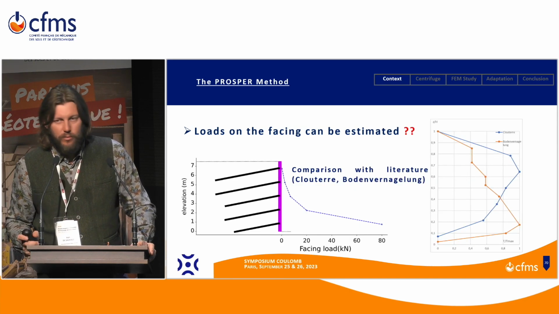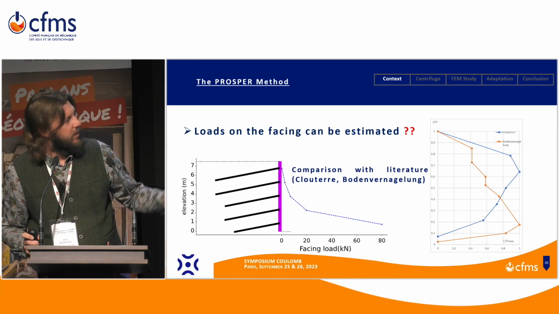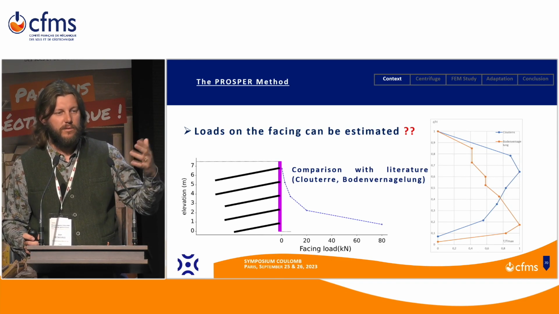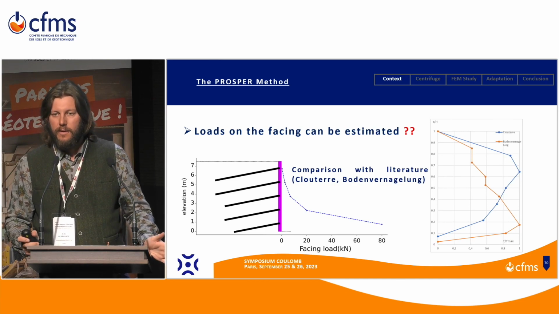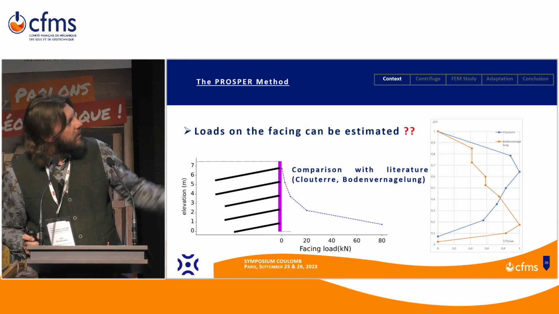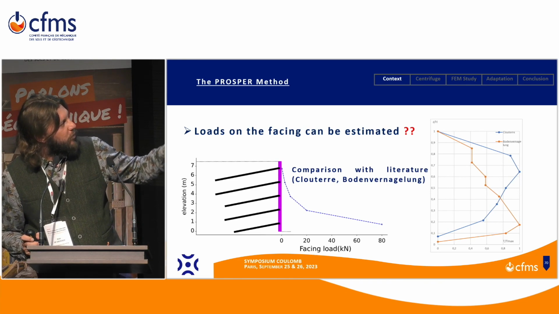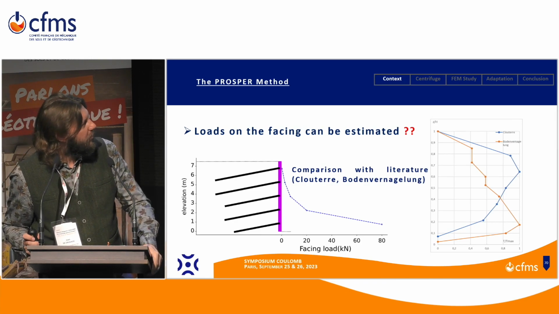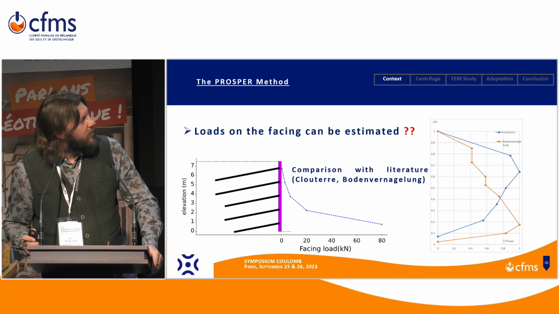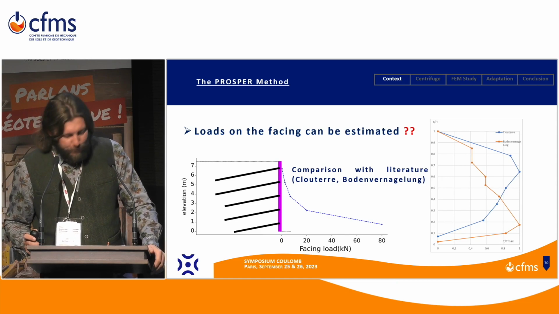And if we compare to what is in the literature, we see that the shape of the facing nail tension profiles in the literature is very different. Here we have two curves. One is from Cluter, the blue one, and the orange one from Bodenferner-Gelung. So it's clearly not the same picture.